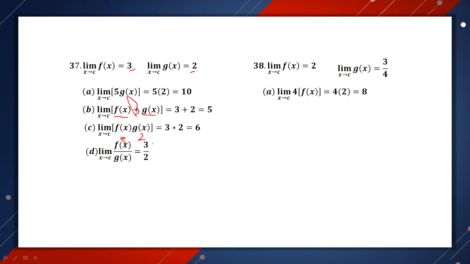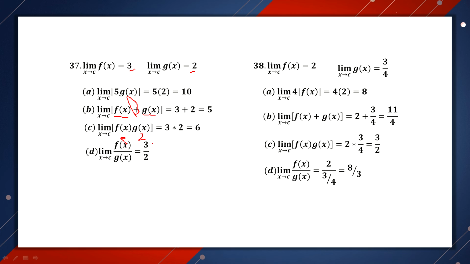For 78, limit x to c of 4 multiplied by f(x). f(x) is equal to 2, so 4 multiplied by 2 is 8. And the same for the questions below. These use the properties for the limit of adding, and this is multiplication, and this is quotient.